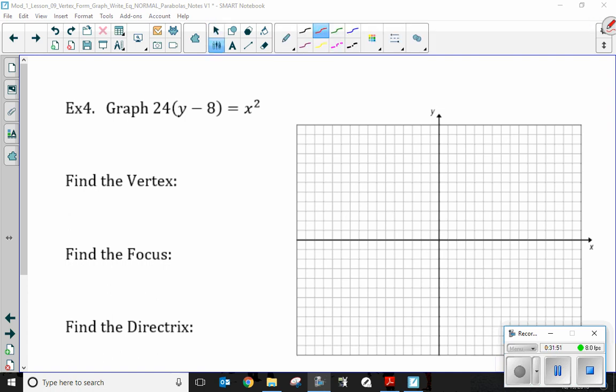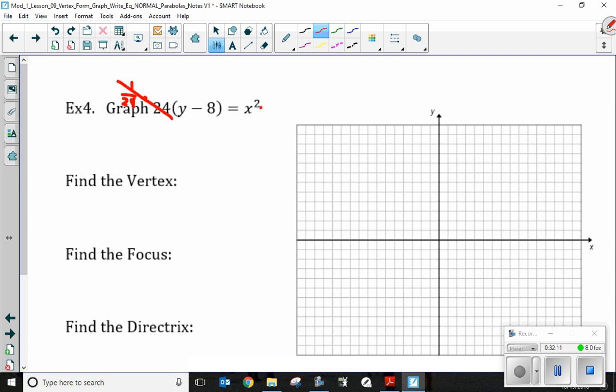The first thing I'm going to do is divide this side by 24. I'm going to tell you a little secret here that you should already know. I could divide by 24, or I can multiply by 1 over 24, because that will still cancel.